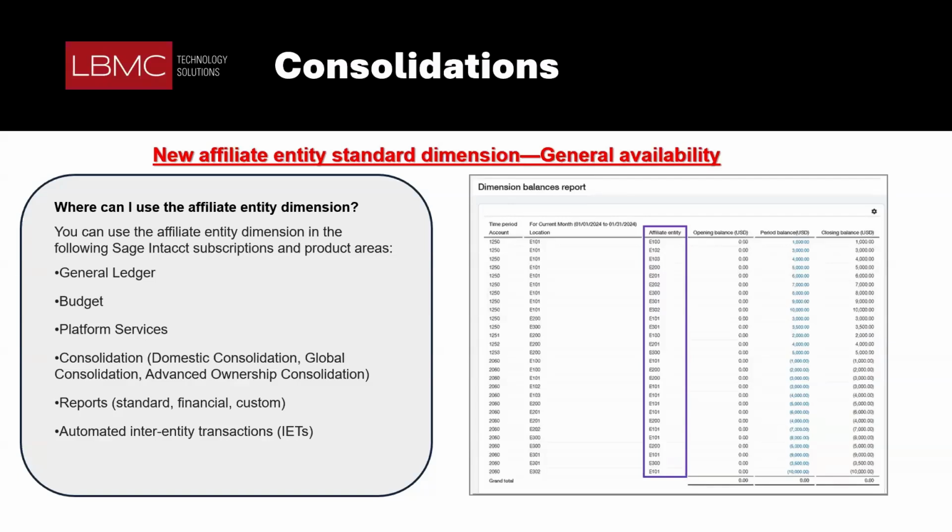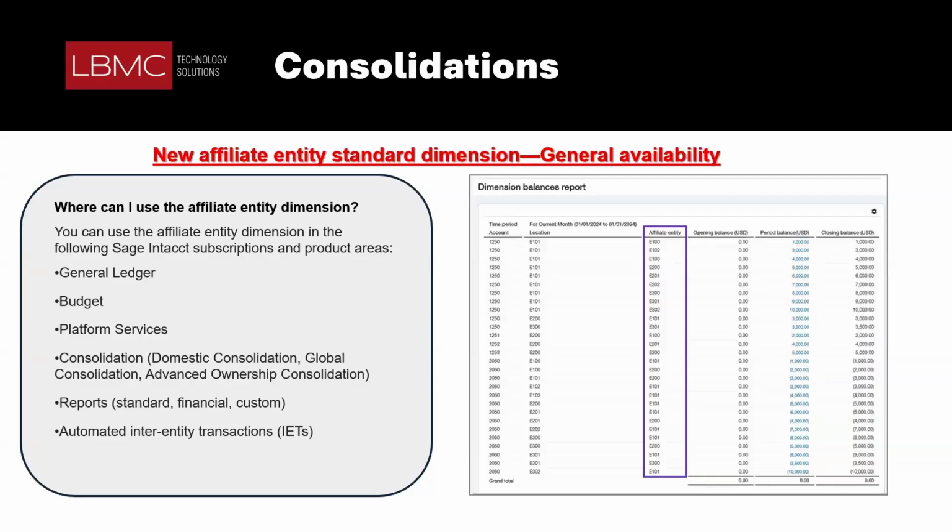You can also use the affiliate entity in domestic, global, and any advanced ownership consolidations that you may have. Since it auto-eliminates across more complex direct and indirect entity information in the advanced ownership consolidation, it also simplifies your entity mapping.